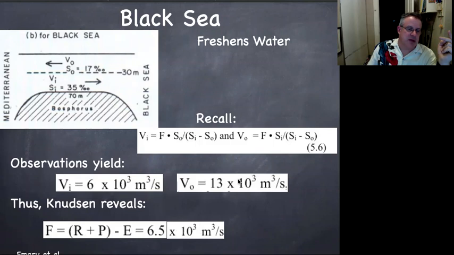The outflow is really quite obviously just the sum of these two equal parts. So apparently the rivers in the Black Sea and the precipitation bring just about as much inflow as the inflowing water at depth does. These are pretty comparable to each other.